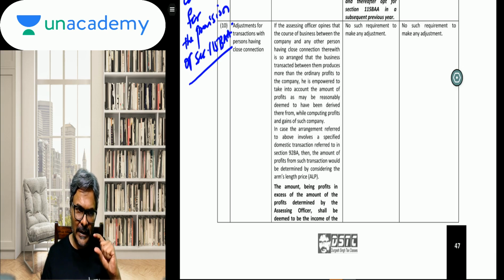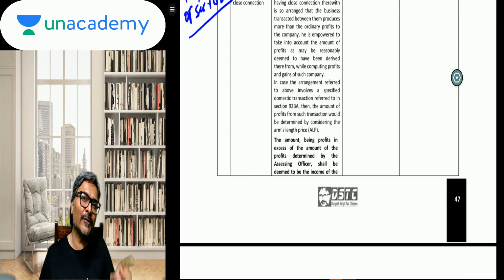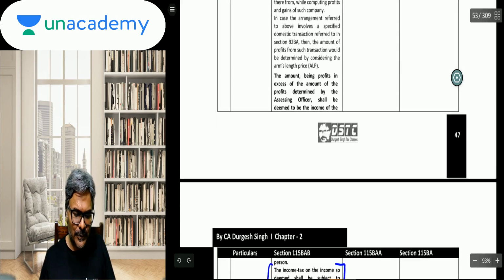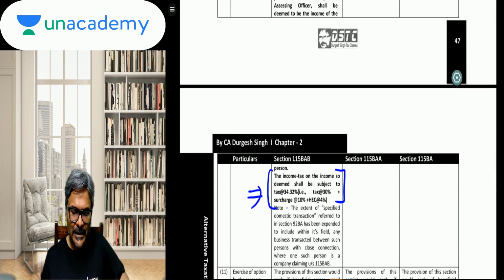So he will rework the profit, and be mindful of the fact that the profit he will now compute, don't expect that it will be subject to tax at the rate of 17%. Now that profit, students, the chargeability, see the rate for yourself. The chargeability would be at what rate?